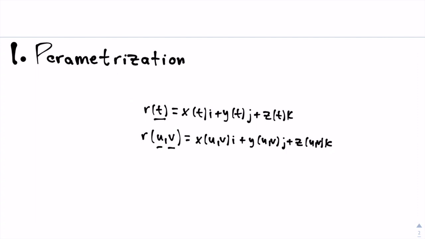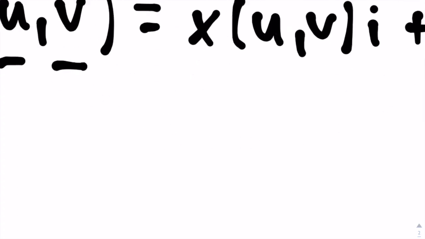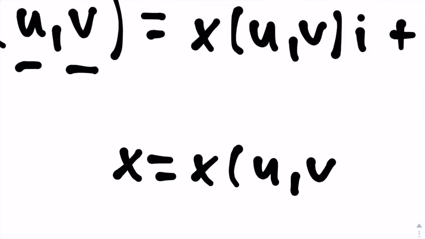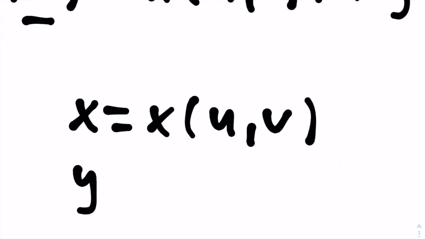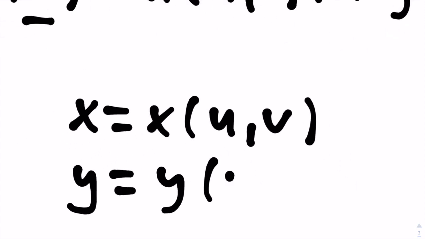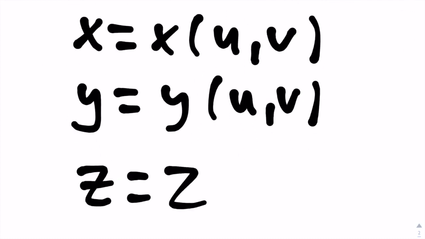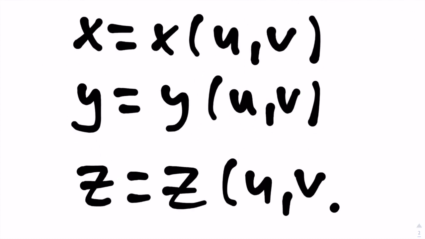But before we talk about that, let's just get down to the basics. For this vector valued function, the x component is x as a function of u and v, y is y as a function of u and v, and z is a function of u and v as well.